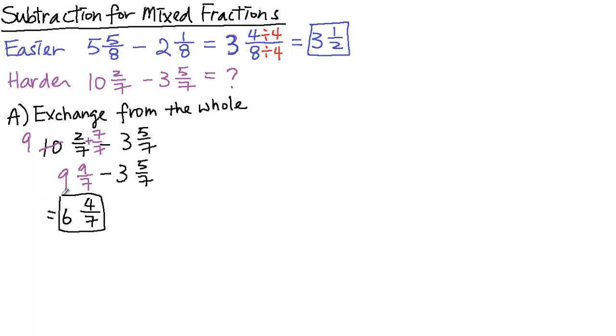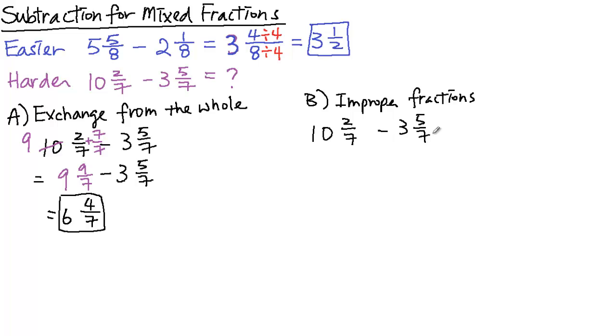And this is the regular way that we will use to subtract mixed fractions, and you will likely teach this way to your students. The second way we're going to show you is going to be improper fractions. So same question: 10 and 2/7 minus 3 and 5/7.